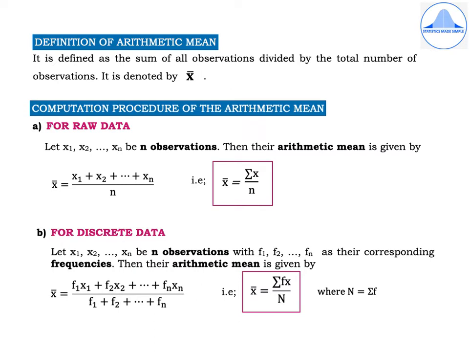So let's start. For raw data, let us consider x1, x2, so on xn as n observations.